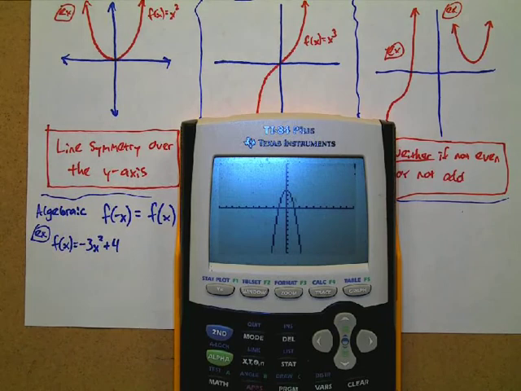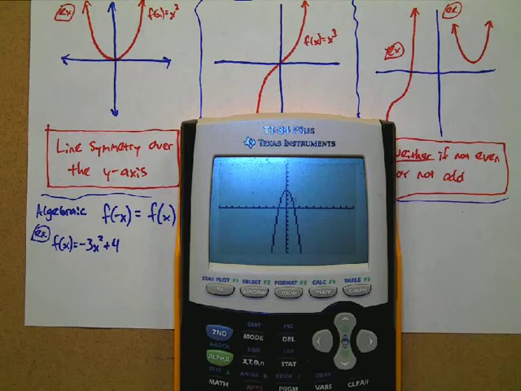So, looking at the picture, do you think it's going to be even? Yes or no? Anyone want to justify why? What's your thinking there? Yeah, symmetric over the y-axis, right? We see that reflection, visually. Let's see if the algebra supports it.